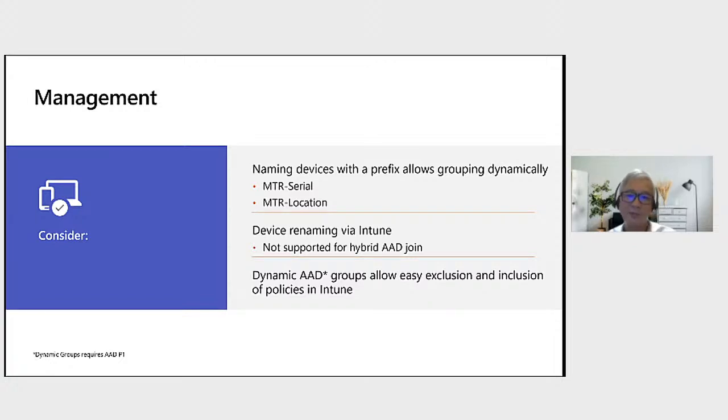Not only that, the prefix also allows you to create dynamic Azure AD groups. That will allow you to easily create those inclusion and exclusion of policies in your Intune portal.